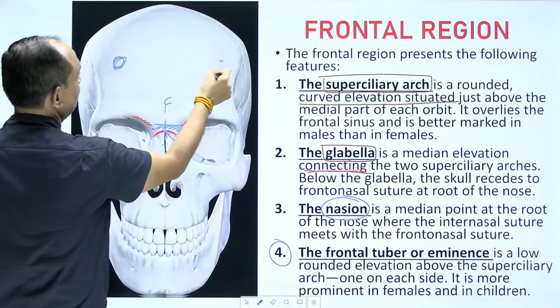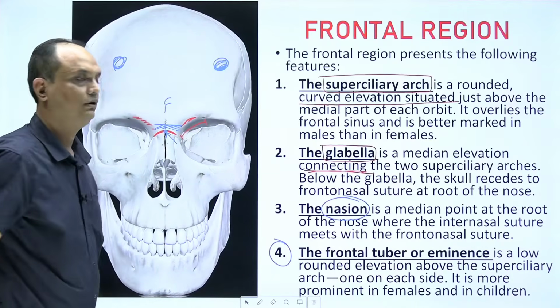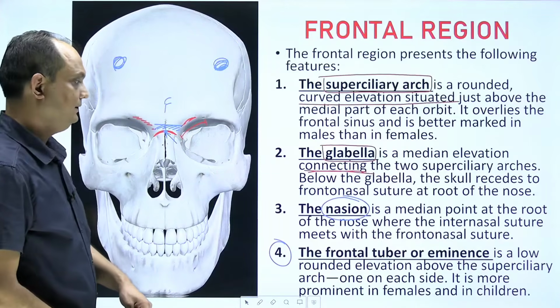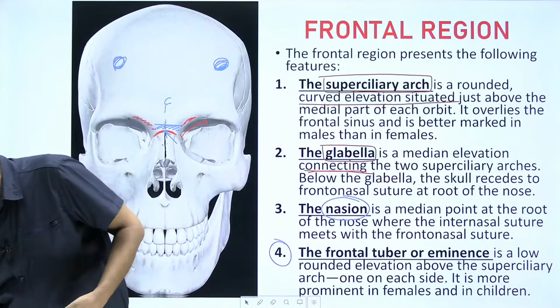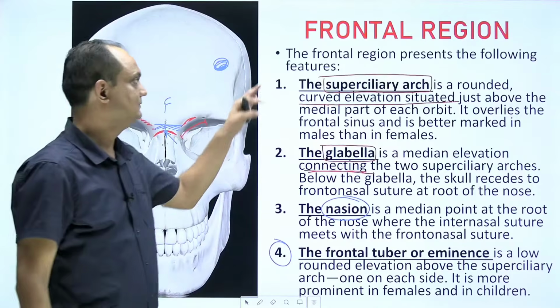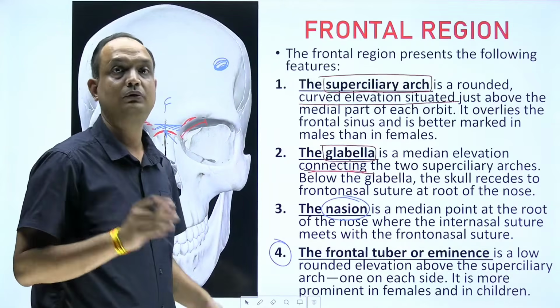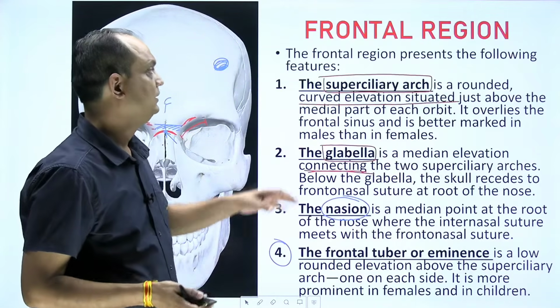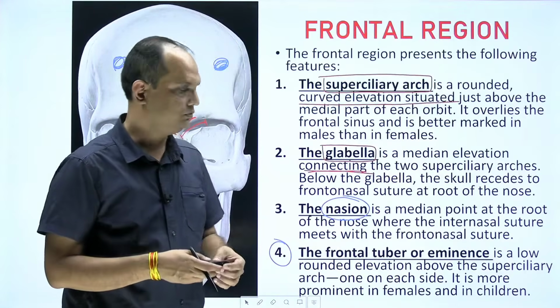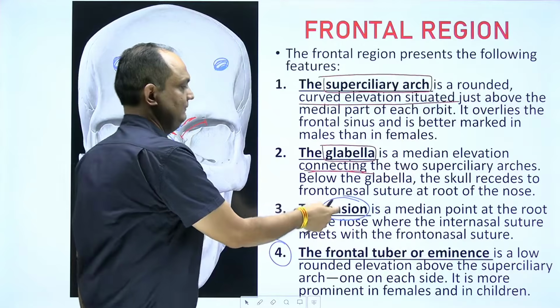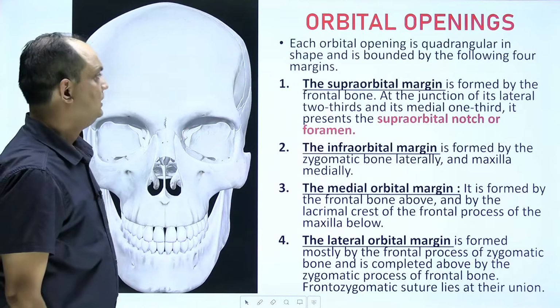So these are your frontal eminence or frontal tuber, and it is more prominent in the females and in the children. Clear? So in this slide you have two very important words, superciliary arch and glabella. The second thing is that you should know the difference between the glabella and nasion.